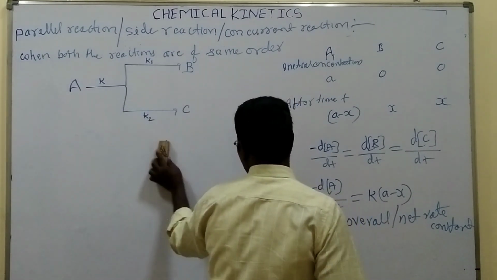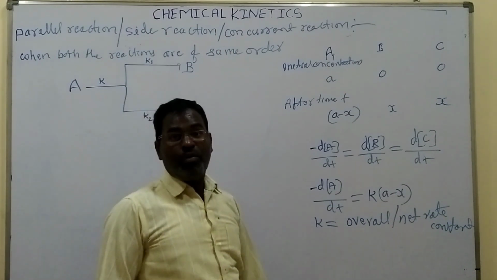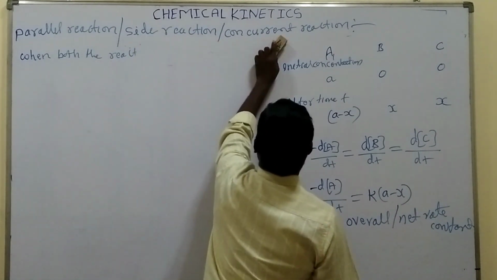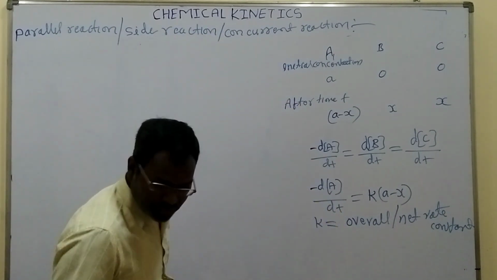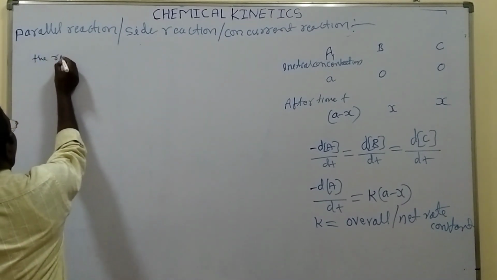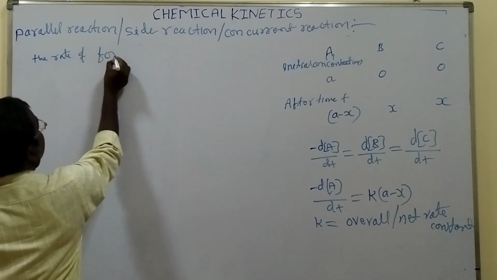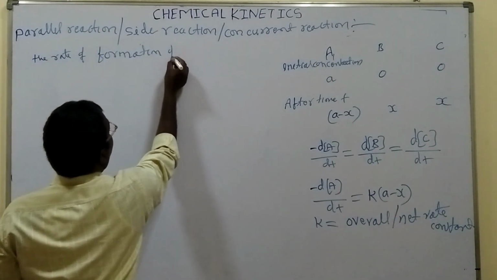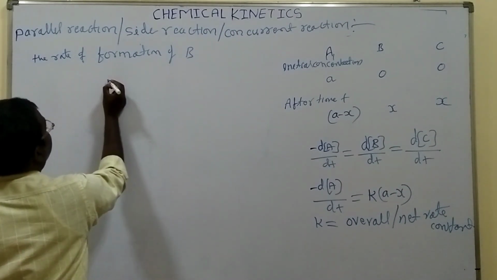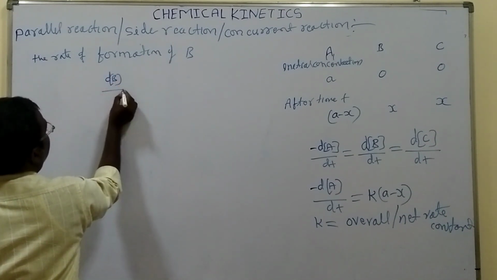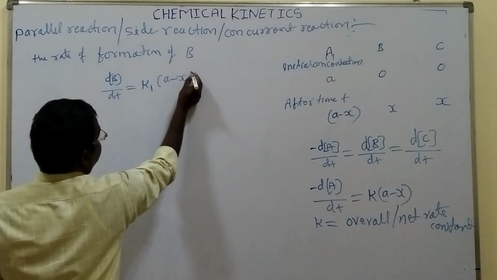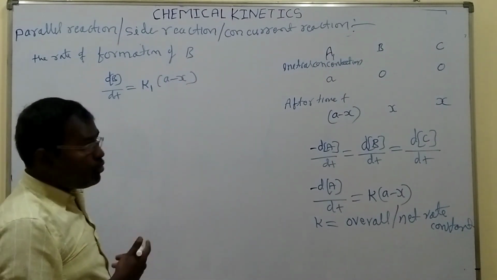If you take the rate of formation of B and C, how can we write? The rate of formation of B, dB by dt, is equal to K1 into (a minus X), because both are forming from A only.